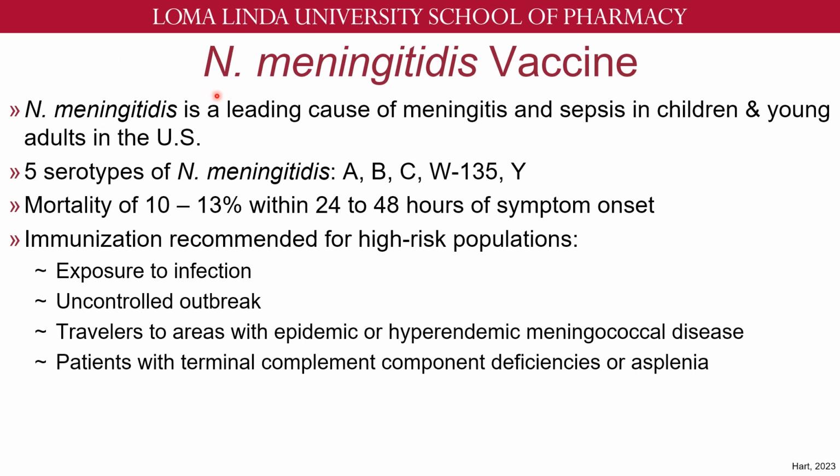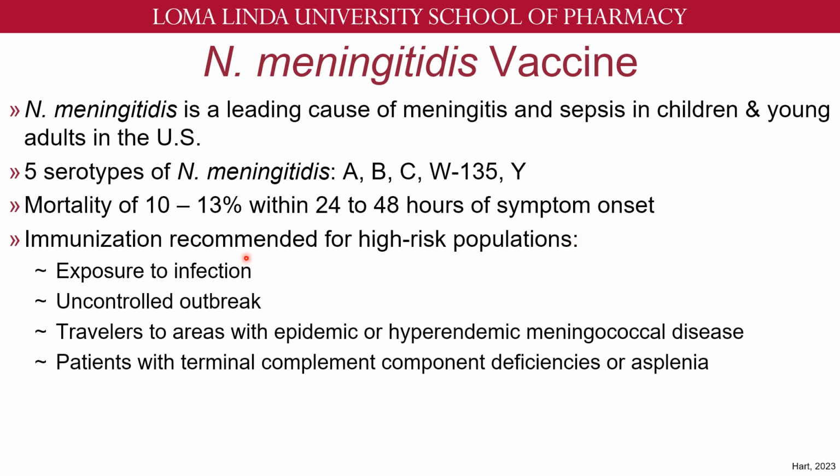Our next organism that we have a vaccine for is Neisseria meningitidis. This is another leading cause of meningitis as well as sepsis in children and young adults in the US. There are 5 serotypes of this bacteria: A, B, C, W135, and Y. When patients have these infections, mortality has been described to be anywhere between 10 to 13% within 24 to 48 hours of symptom onset.